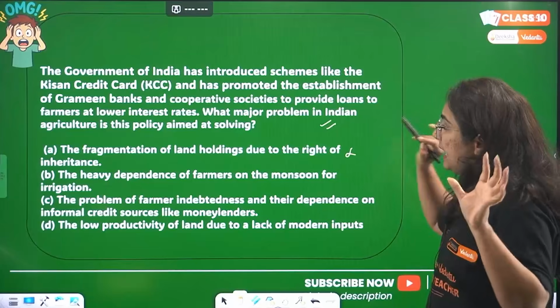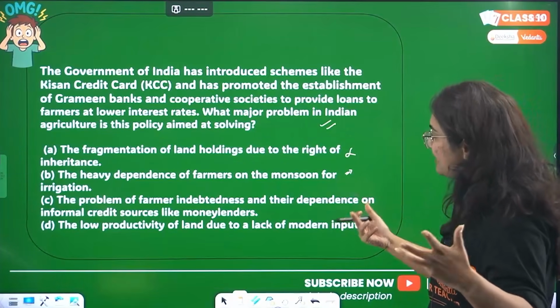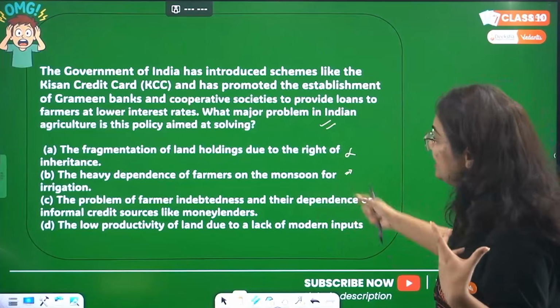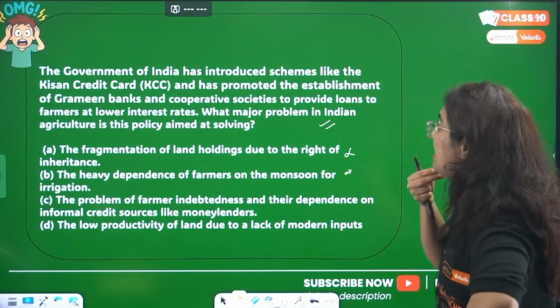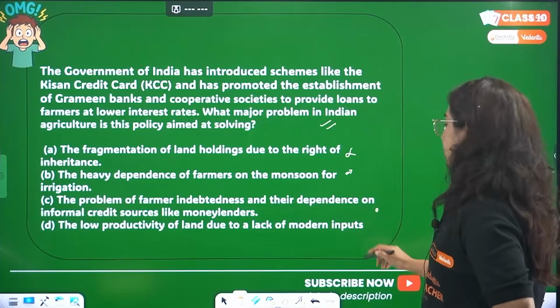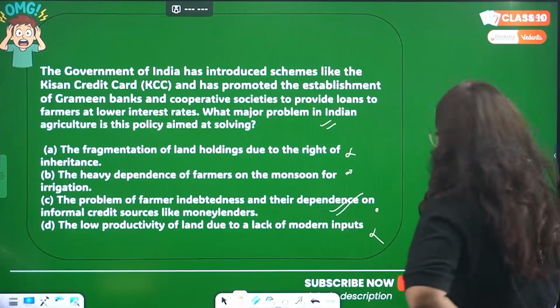No. B, the heavy dependence of farmers on the monsoon for irrigation. Okay, let's think about it. C, the problem of farmer indebtedness and their dependence on informal credit sources like money lenders. D, the low productivity of land. Okay. So yes, C is the correct answer for this question.